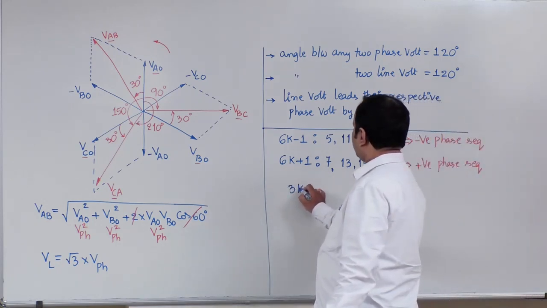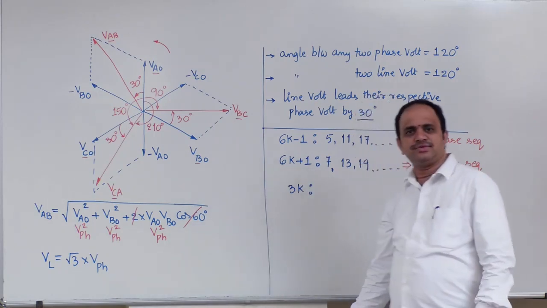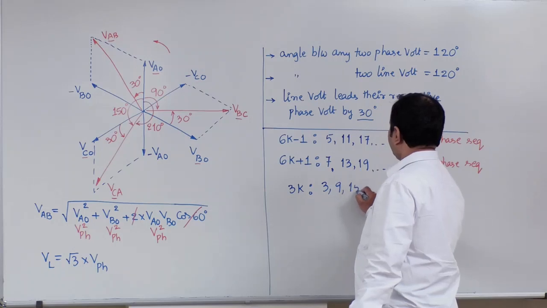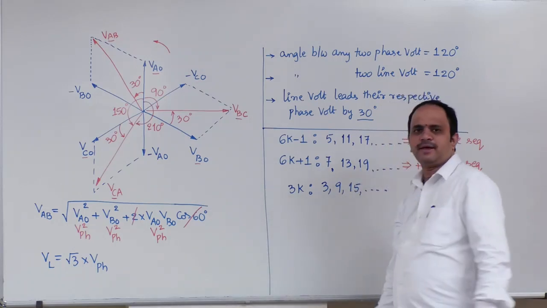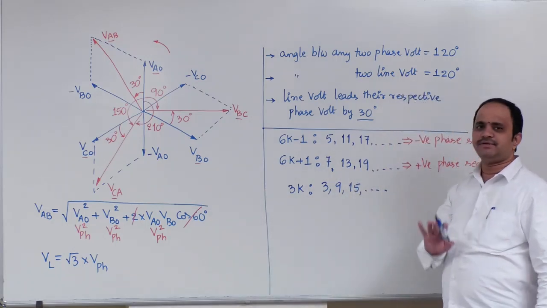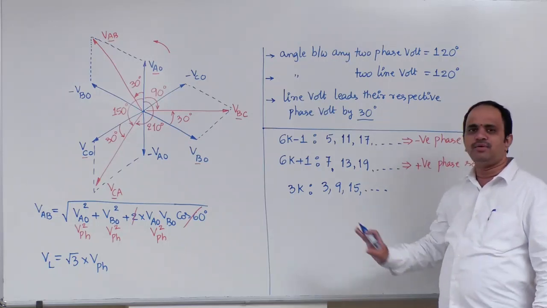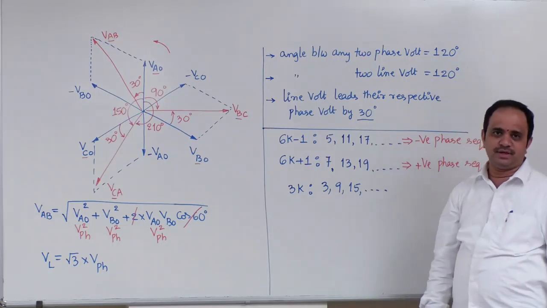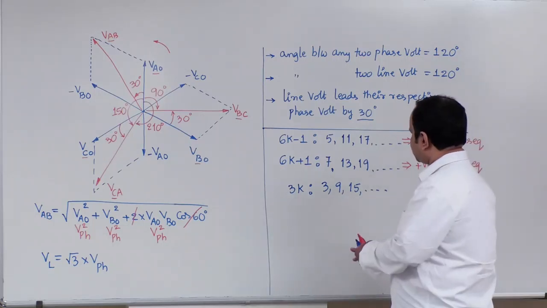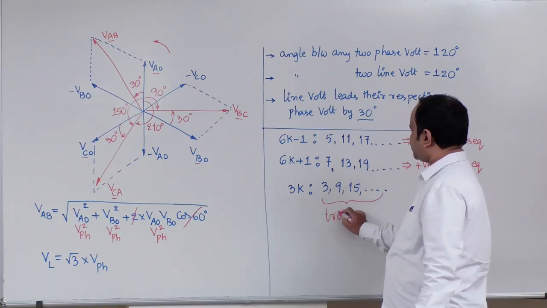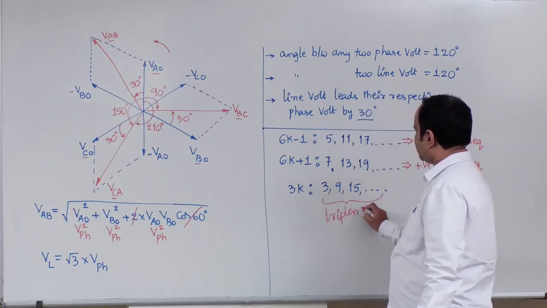Now, if you look at odd multiples of 3, what are they? 3, 9, 15 and so on. Basically, three-phase rectifier and three-phase inverter circuits generally will not have the odd multiples of 3. So these numbers are referred to as triplen harmonics. Some new terms are coming here.